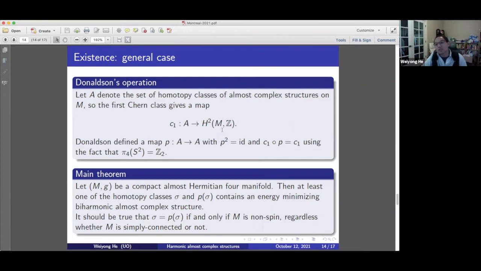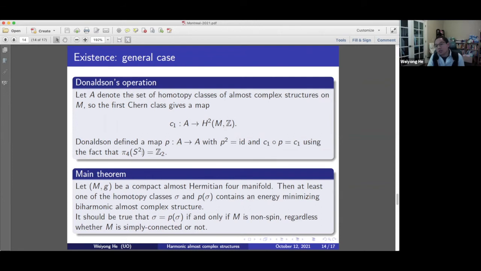Essentially what he did is take a small ball on this manifold and replace the almost complex structure on this small ball, so that the homotopy class will differ by a non-trivial element of this Z2 in the group pi_4 of S^2.